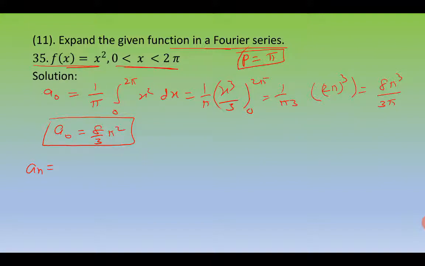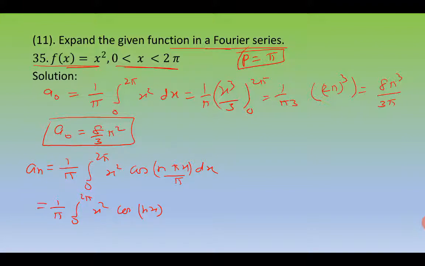And what is the formula for an? 1 over pi, integral 0 to 2 pi, the function is x squared cosine n pi x over pi dx. So you will get 1 over pi integral 0 to 2 pi of x squared cosine nx dx.